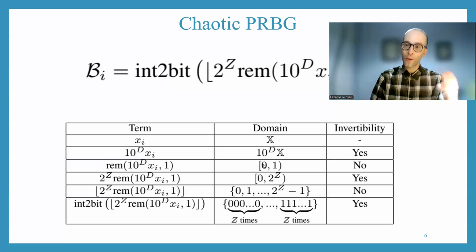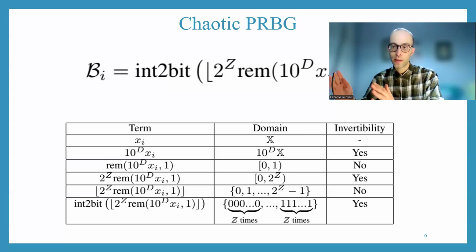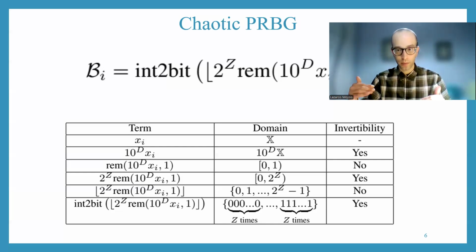So we are cutting off the most significant digits and take actually a value between 0 and 1. And then we multiply this number again with 2 to the 8th. So from a number between 0 and 1, we get a number between 0 and 255. And then we take the floor operator. This is again a second cutoff operation, which is not invertible. We cut out the floating point after the dot.